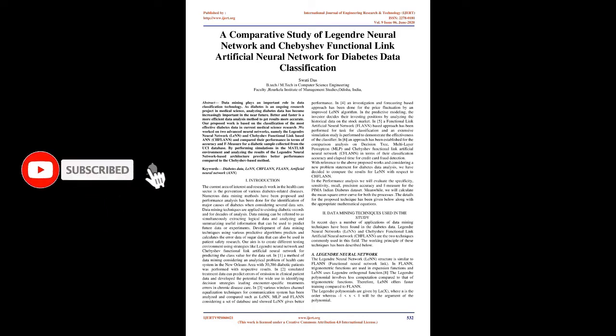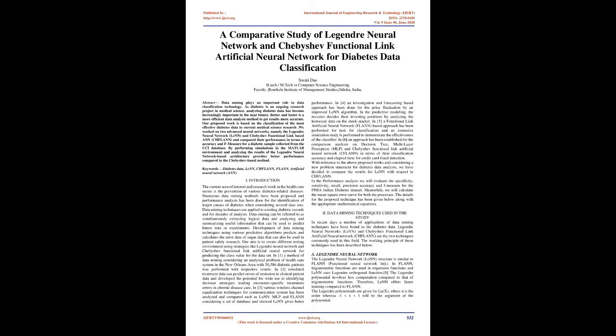Introduction. The current area of interest and research work in the healthcare sector is the prevention of various diabetes-related diseases. Numerous data mining methods have been proposed and performance analysis has been done for the identification of major causes of diabetes when considering several data sets. Data mining techniques are applied to existing diabetic records and for decades of analysis.